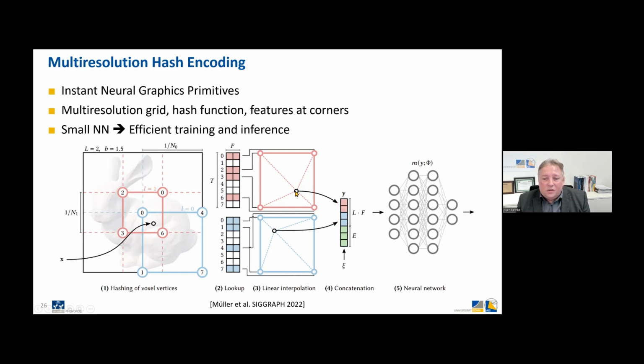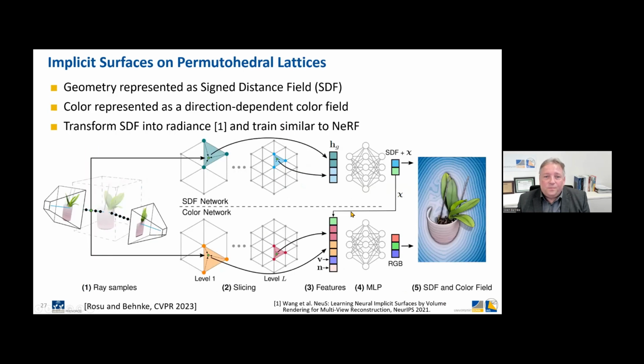And we interpolate between the looked up features in a bilinear way in 2D or trilinear way in 3D, so that we then have features that we can pass through a small neural network. And the small neural network now is much faster in training and much faster in inference than plain neural radiance fields used to be.